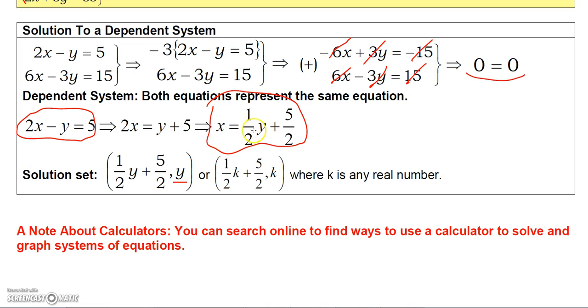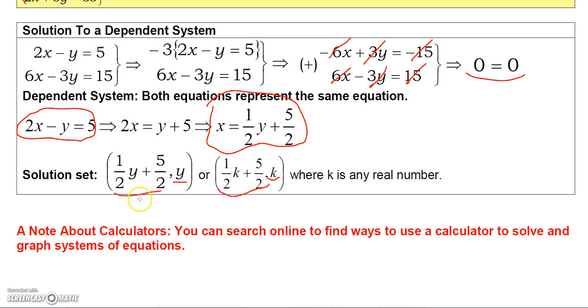So x would be 1/2 y plus 5/2. So y is going to equal y, where y is any real number, and then x is going to equal 1/2 of y plus 5/2. Now actually I could use any letter to represent y as long as I represented x using that same relationship. So if I let y equal k, then x would be 1/2 k plus 5/2, where k is any real number.